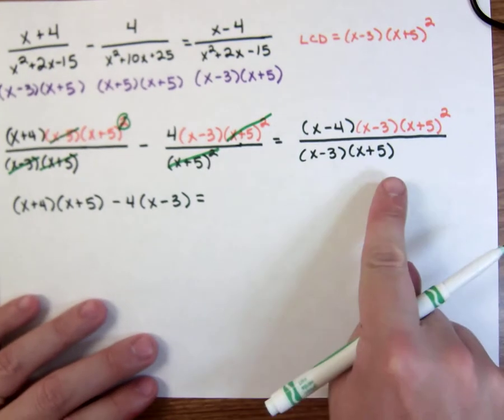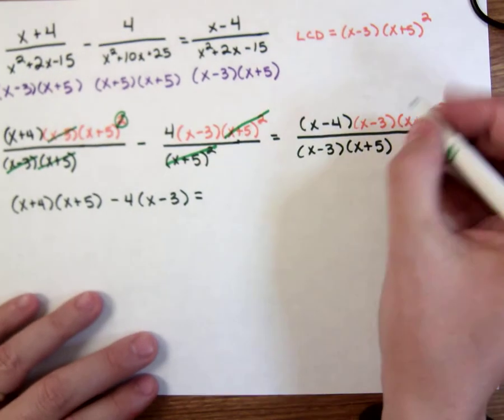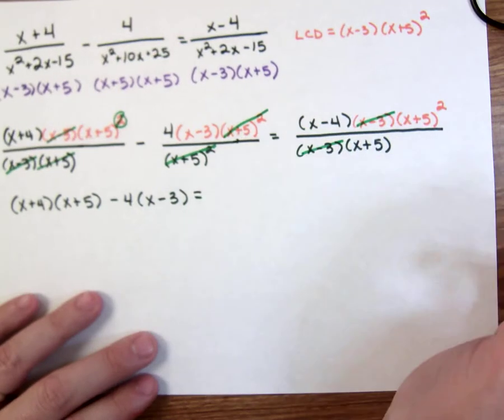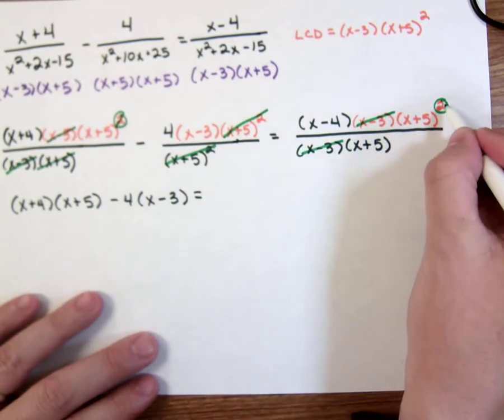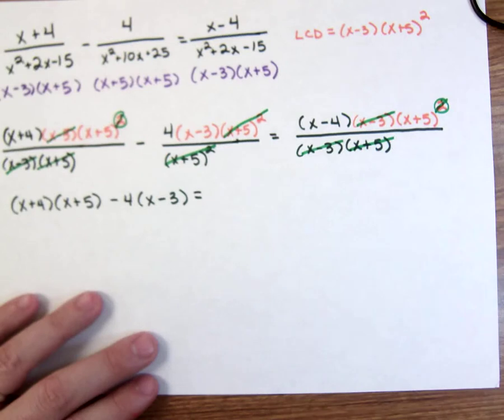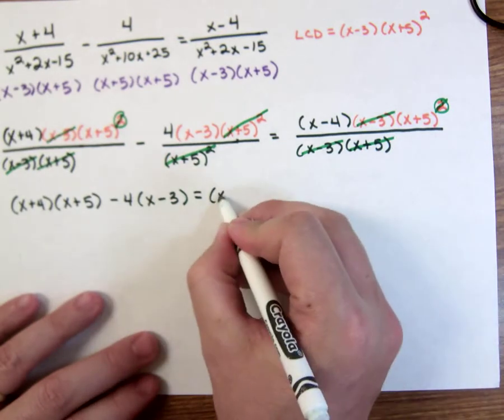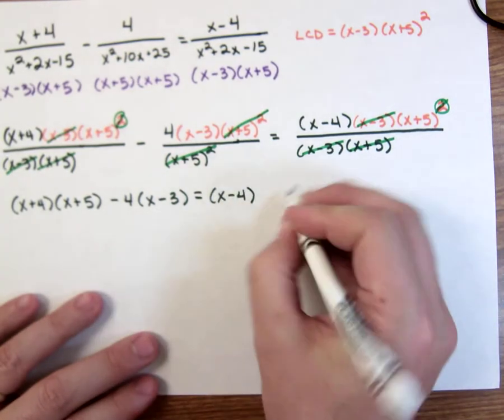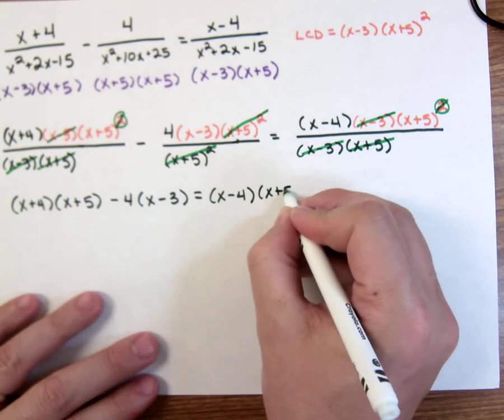And this one's exactly the same as the first one. The x minus 3's cancel, and one of the two x minus 5's will cancel, which leaves me with x minus 4, x plus 5.